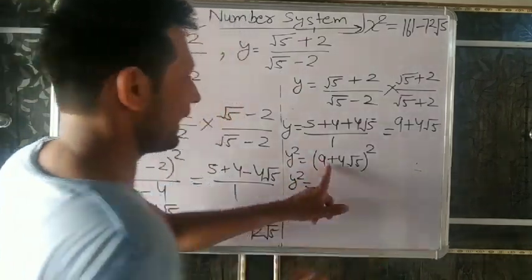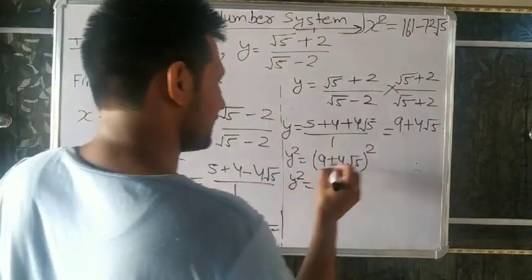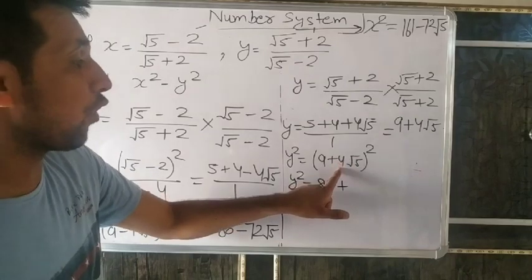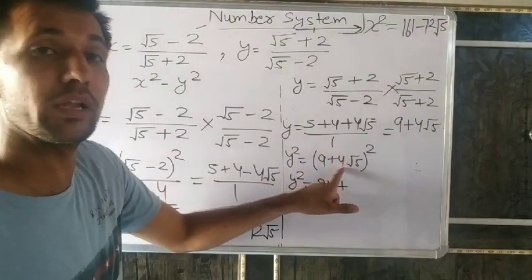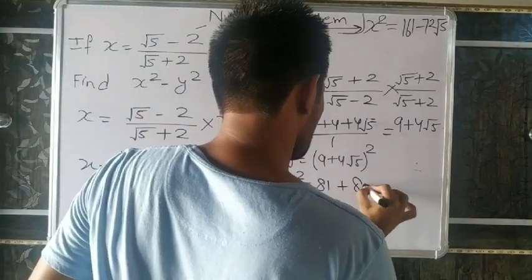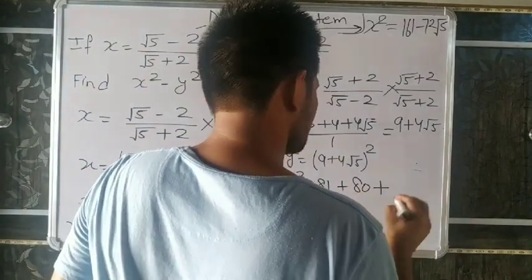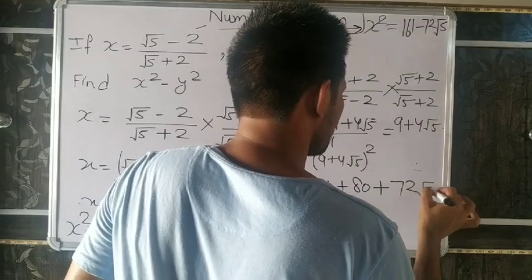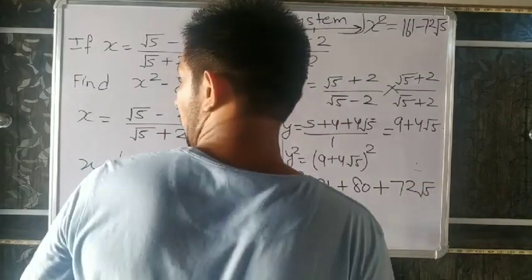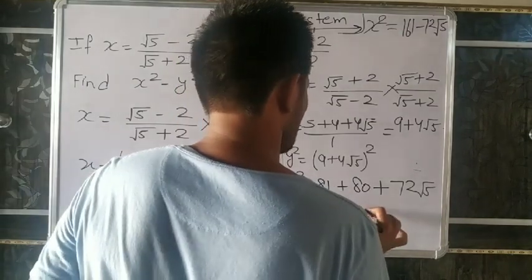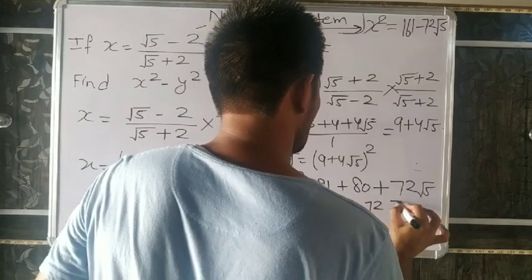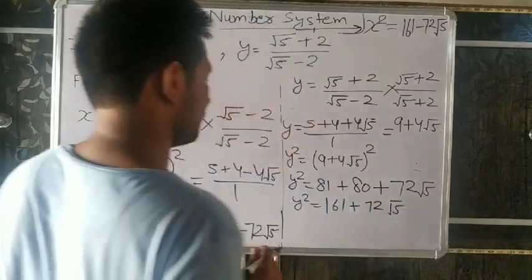Y square: (a plus b) whole square, a square is 9 square, 81, plus b square, b is 4 root 5, which means 4 square, 16, and root 5 square, 5. 16 into 5 is 80, plus 72 root 5. So y square equals 161 plus 72 root 5.